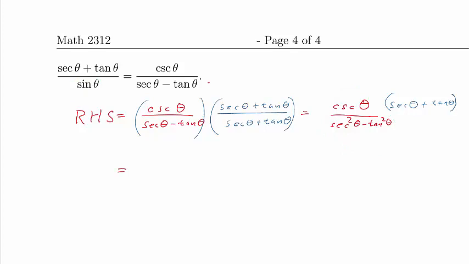So let's go ahead and convert everything into sine and cosine to see what happens. So up in the top we've got 1 over sine of theta. And in the bottom we've got 1 over cosine squared theta, and then minus sine squared theta over cosine squared theta.